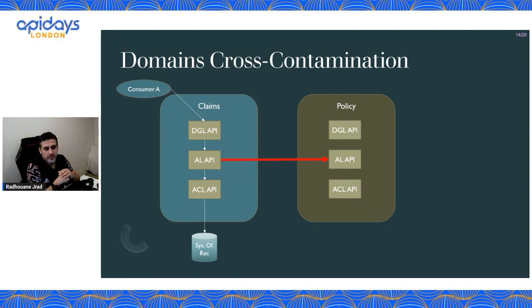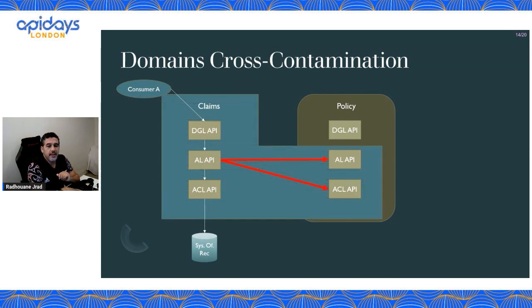Every API is open to consumption. It's internal to the company, isn't it? Well, whether you call the system API straight, or sorry, the anti-corruption layer, you effectively are extending your claims domain. And those 2 APIs become belonging to 2 domains.